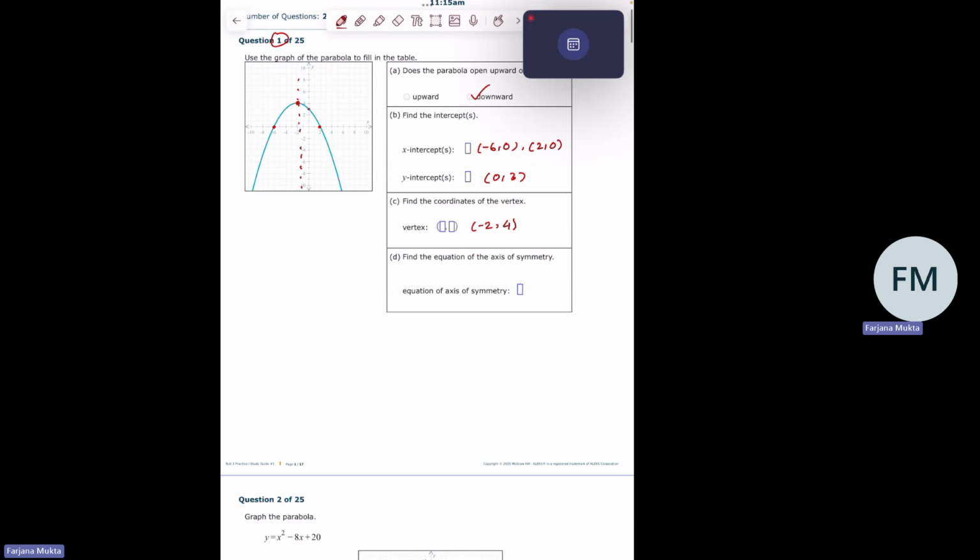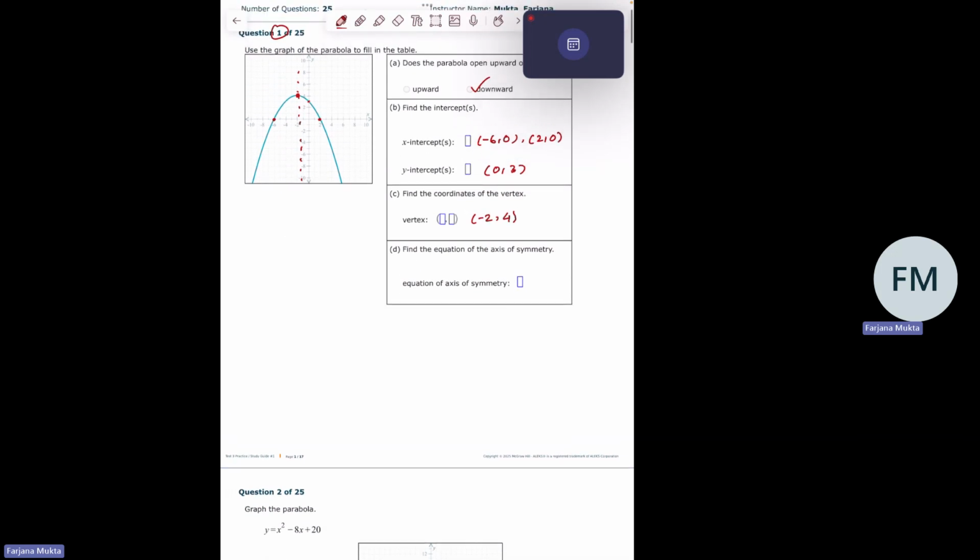Find the equation of the axis of symmetry. As we know, the axis of symmetry is x equal to the x coordinate of the vertex all the time, right? So the axis of symmetry is x equal -2. This vertical line, right?